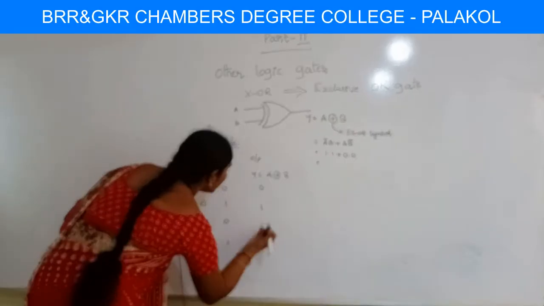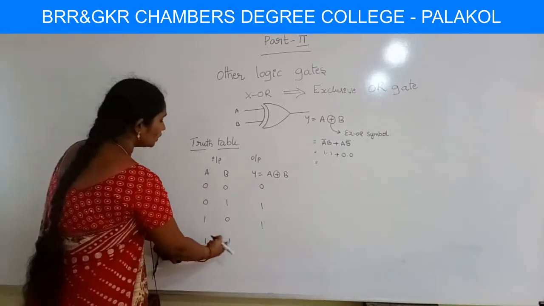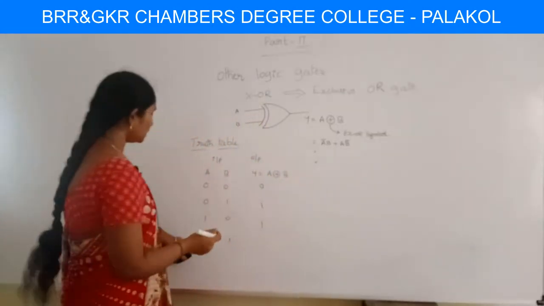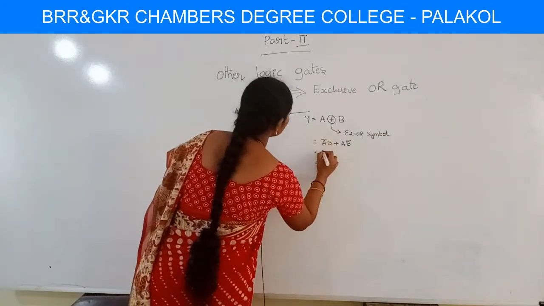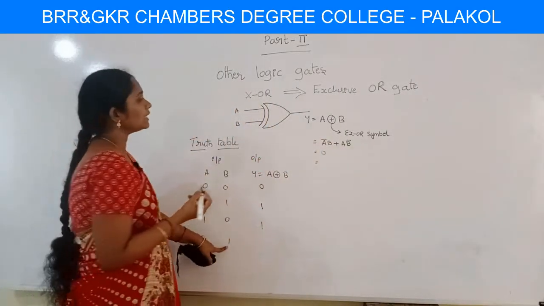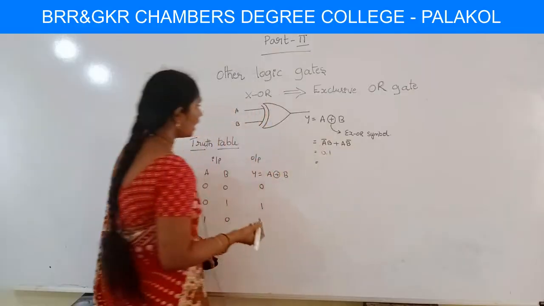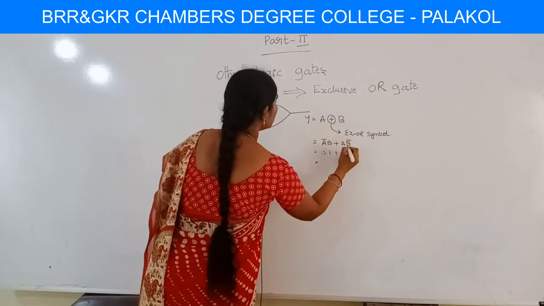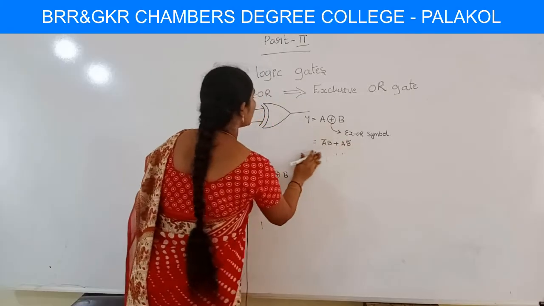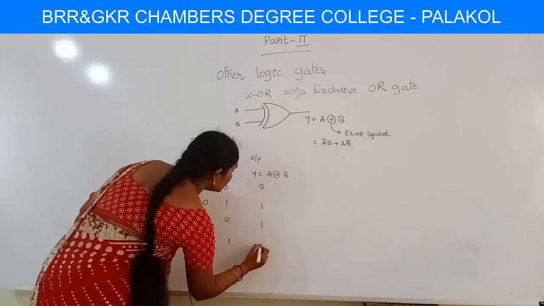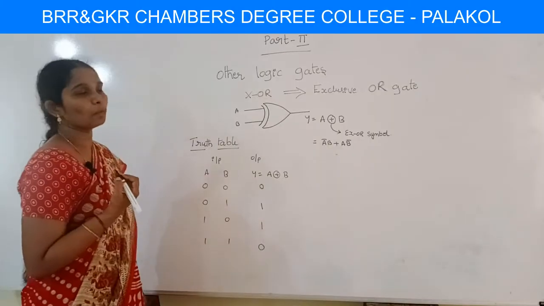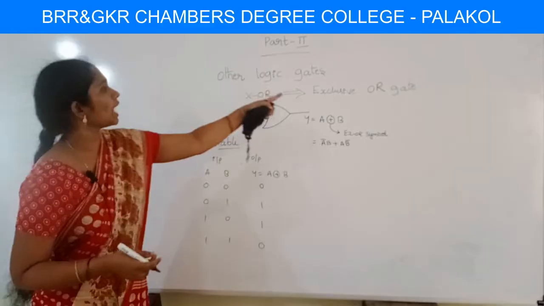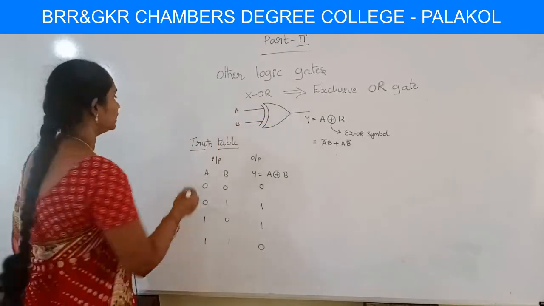This is also a 1, and after that we will apply 1 1 here. So A is 1, that means A bar is 0, and B is 1. Finally we will get 0. Okay, so this is the truth table for this exclusive OR gate.